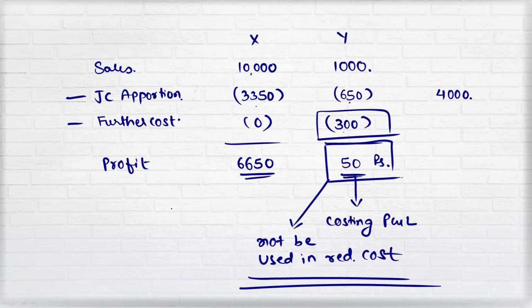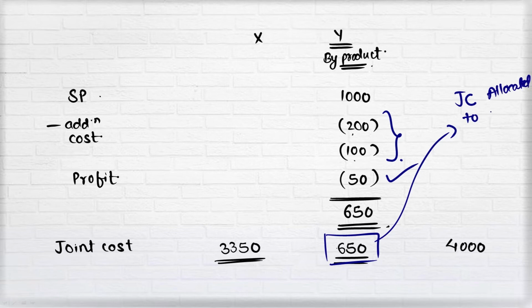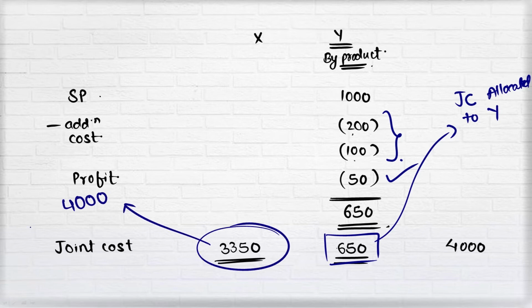So 1000 minus 300, that is 700, minus 50, that is 650 only will be joint cost allocated to Y. See, there is another word for this. What do we say? Joint cost allocated to Y. Alright. There is another sense of it also. Try to concentrate. This cost was 4000, right?